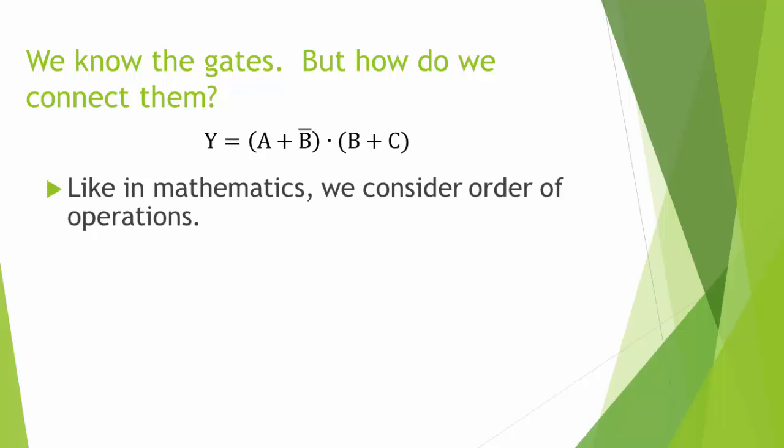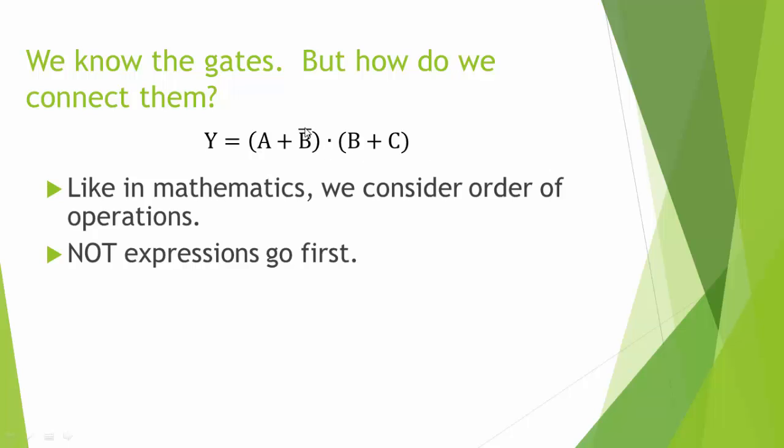Okay, so let's unpack this a little bit. What we wind up doing is having to create an order of operations, just like in mathematics. And in fact, when you take higher level Boolean algebra, you'll see that the symbols were chosen carefully to match order of operations and make them work a lot like mathematics. So our order of operations: NOT expressions go first.